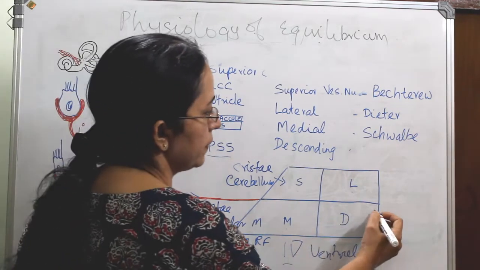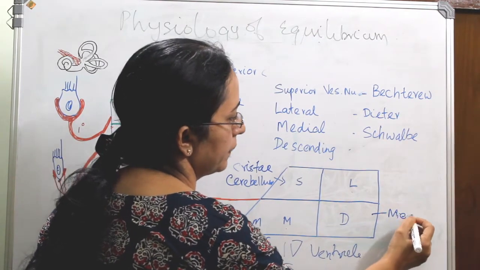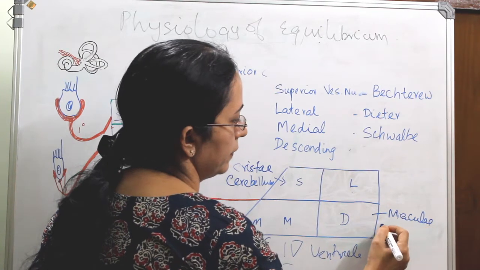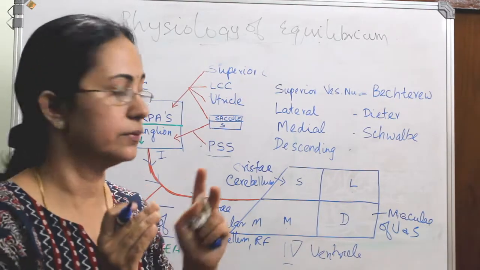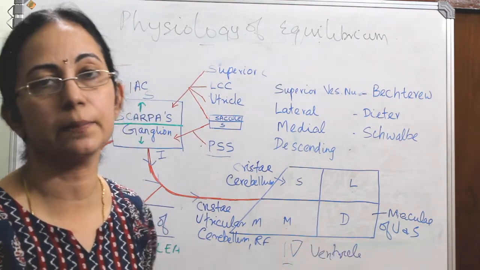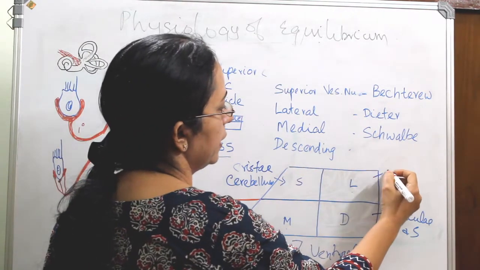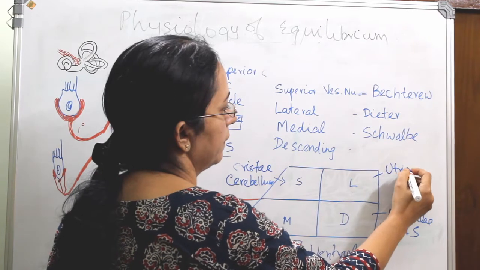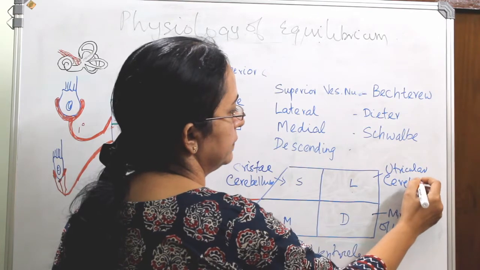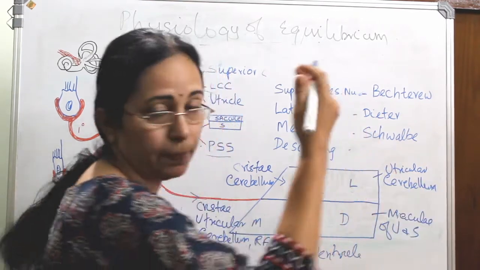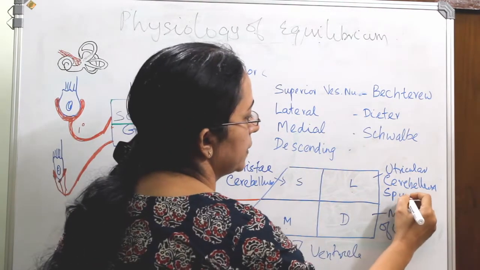And to the descending, fibers from the macula of the utricle and saccule. So from the vestibule, utricle and saccule, it is going to the descending vestibular nucleus, and to the lateral mainly comes the utricular macula, cerebellum and the spinal as well as the commissural fibers.